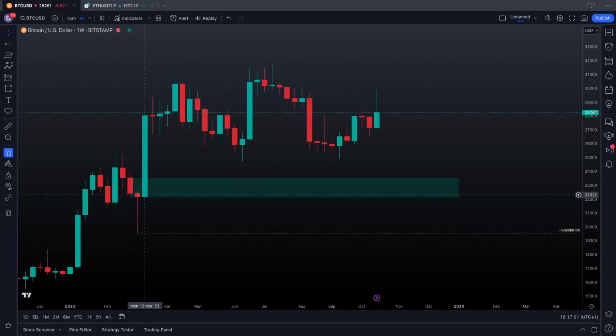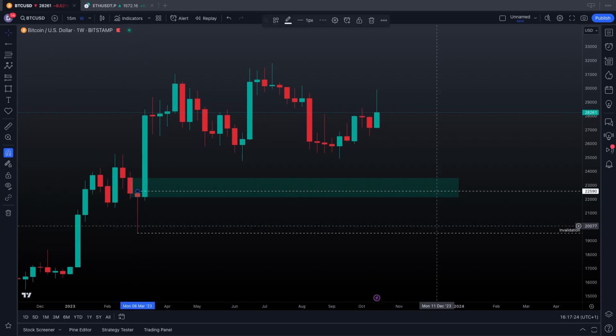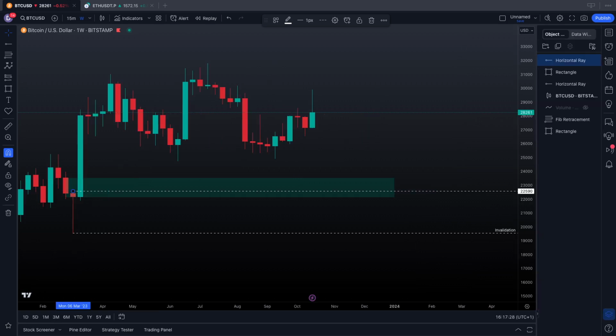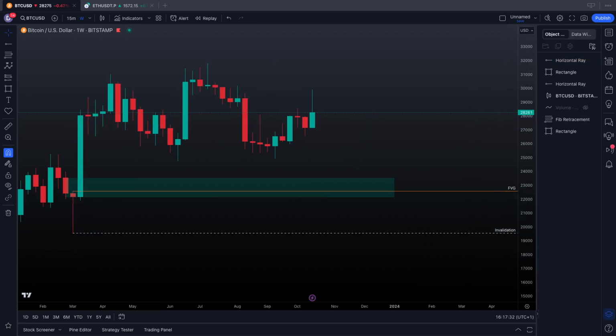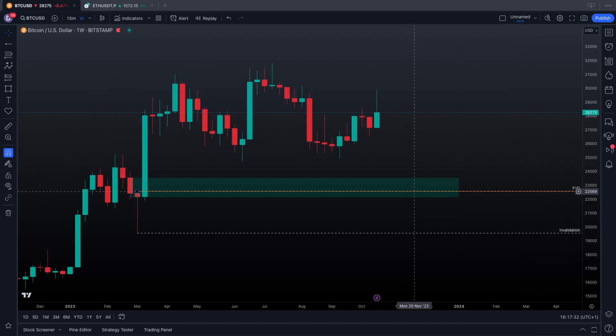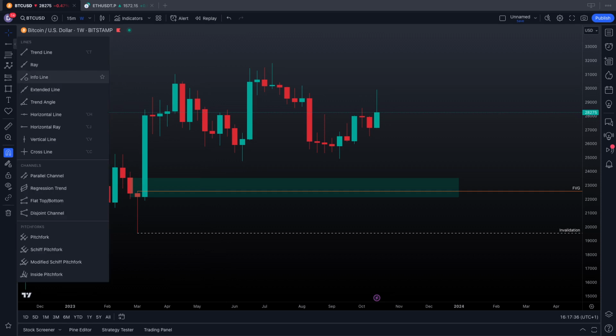So you have your order block, and you can even mark out your fair value gap over here on this one. The fair value gap starts here, or I guess ends here. I'm going to do from here because I can't be bothered. Fair value gap. Like so. Okay, nice. You have your level. You also have to mark out liquidity levels, of course.